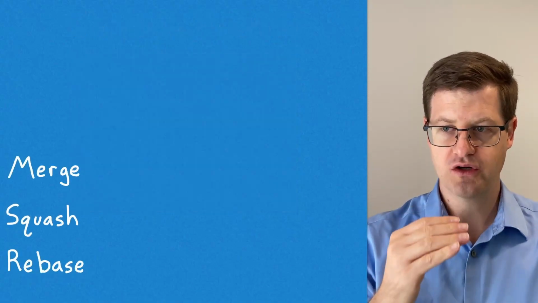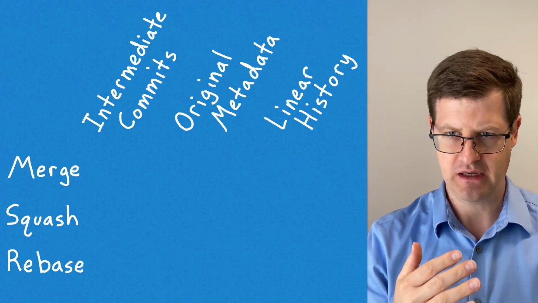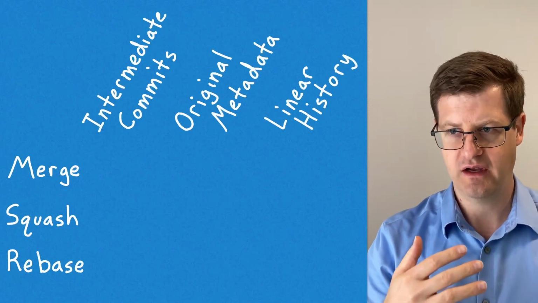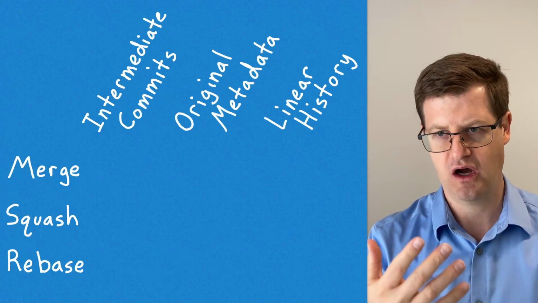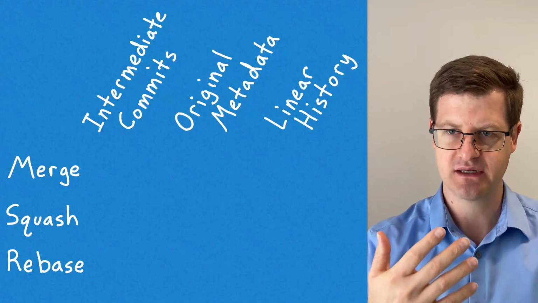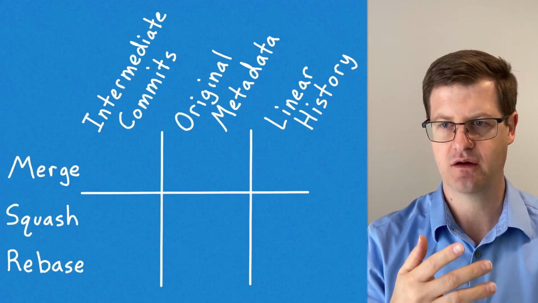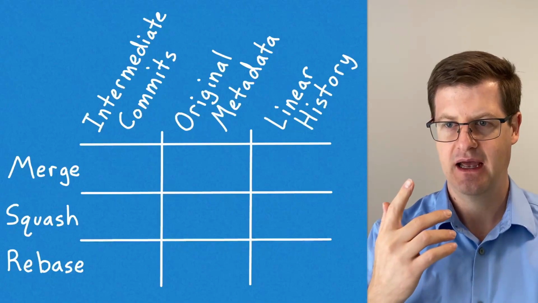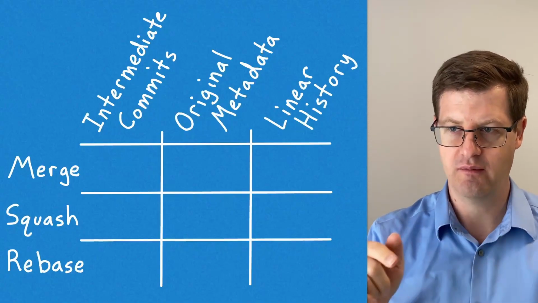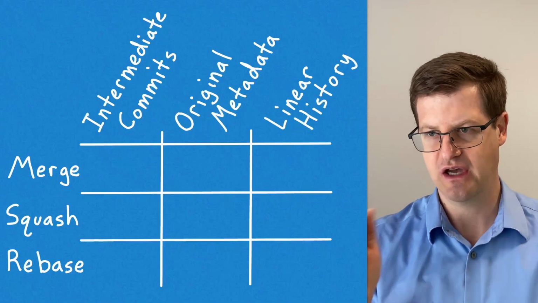So for merge, squash, and rebase, the three things we're thinking about in terms of what we want and why we would choose something to squash or merge or rebase comes down to looking at our intermediate commits, our original metadata, and our linear history on the main branch. So the results after the end of it.